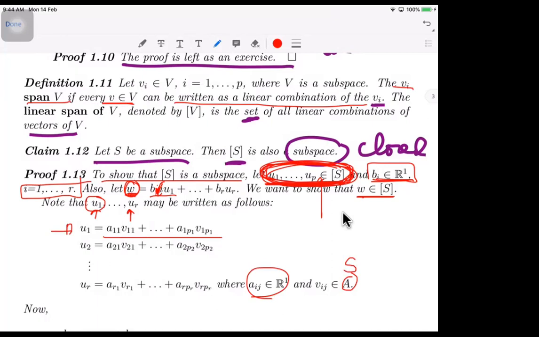If you have your notes with you, edit them. And then u2 can be written as a linear combination until ur. So this is S.